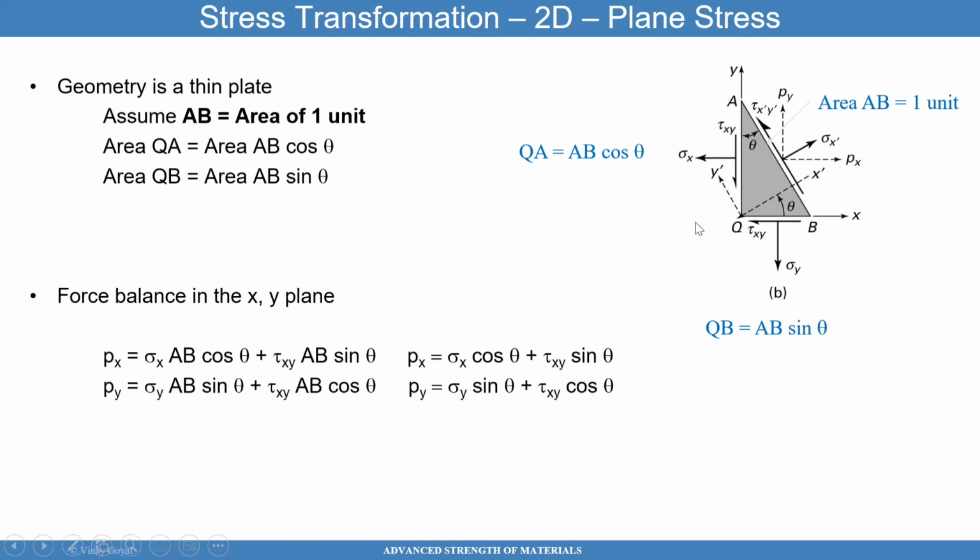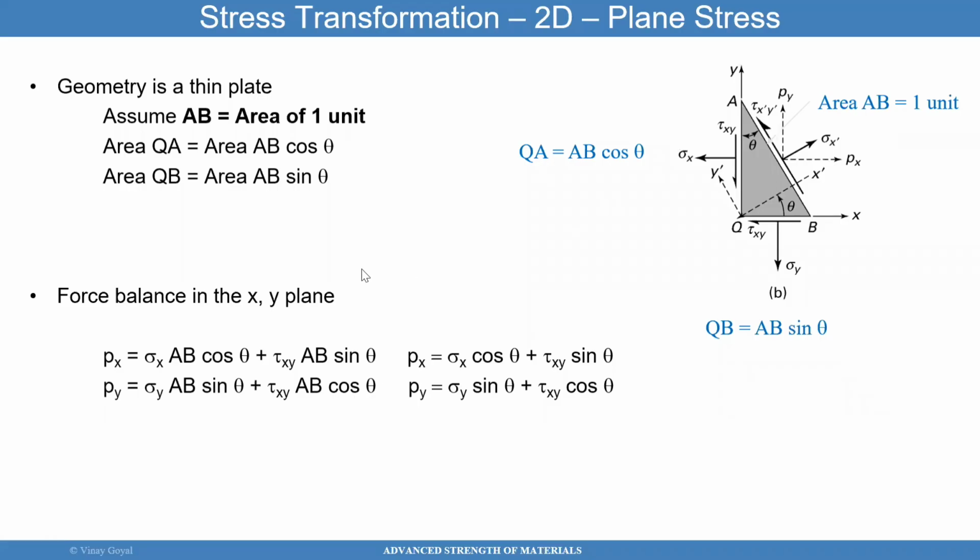Plus tau xy, which is also going downwards, times the area of that edge, which is QA, which is AB cosine theta. But I said earlier that AB will be a unit area, so that's why you don't see AB showing up here. So that's the force balance in the X and Y plane.